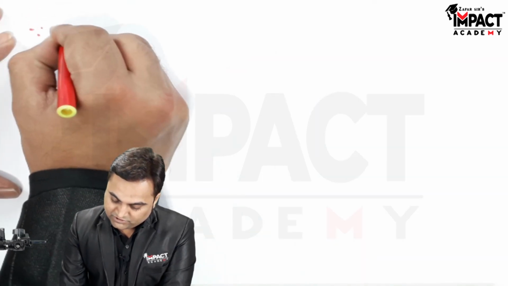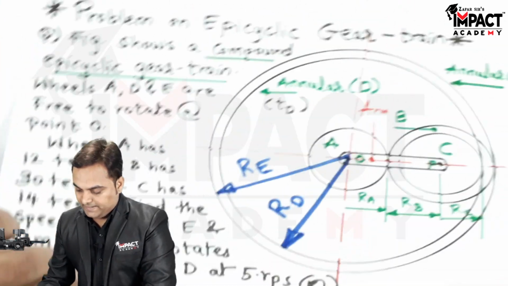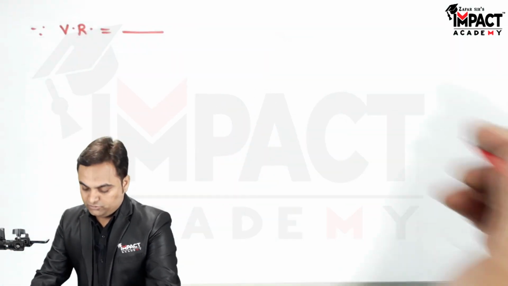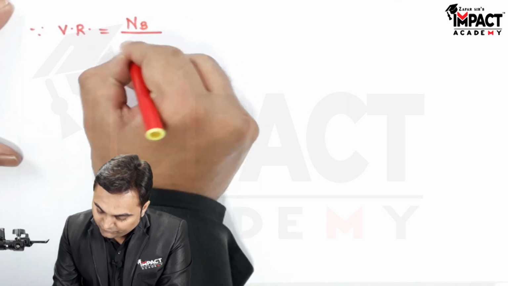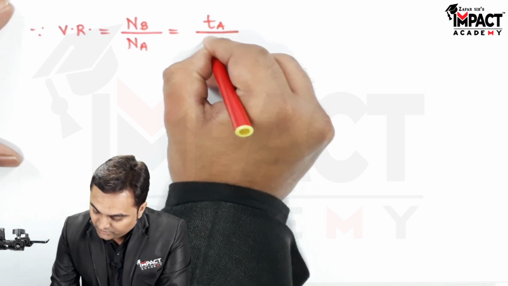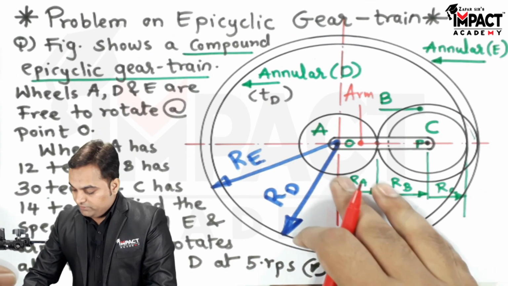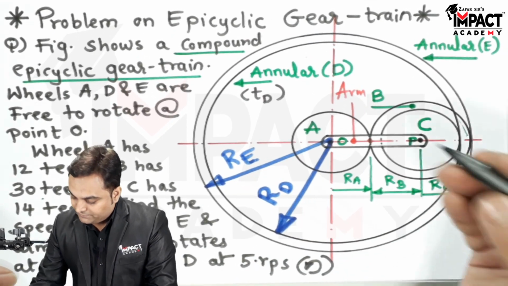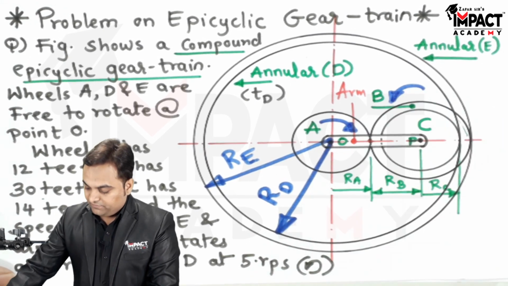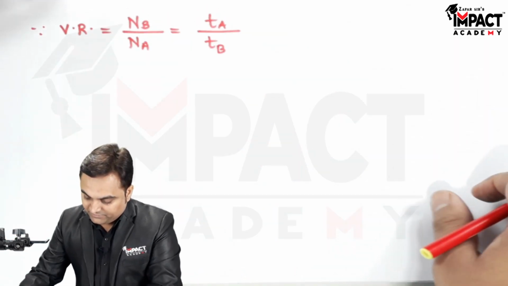Since for two gears in mesh, the velocity ratio formula is given by speed of the driven gear, and when we look into the diagram, A is driving gear B, so A is the driving gear, B is the driven gear. Speed of driven upon speed of driver is equal to number of teeth on driver upon number of teeth on driven, and since A and B are external gears, if A rotates in a clockwise manner, B would be rotating in an anti-clockwise sense, and as the sense is opposite, we have to introduce a negative sign here.